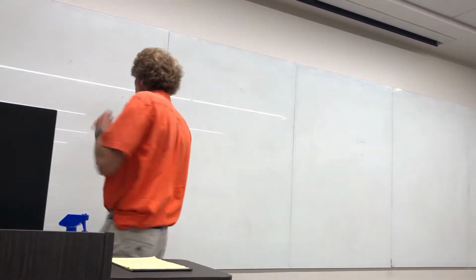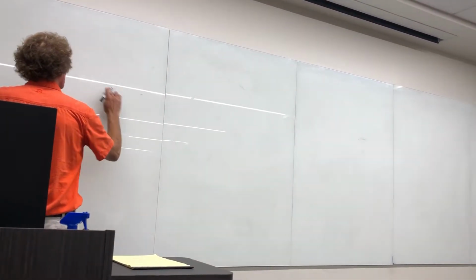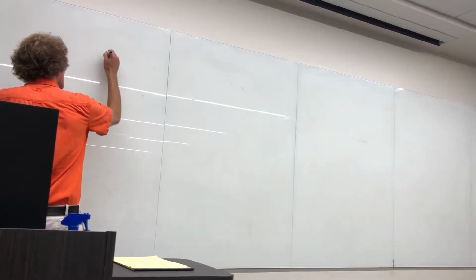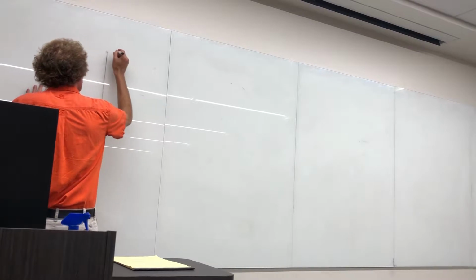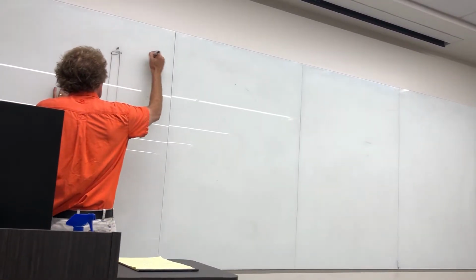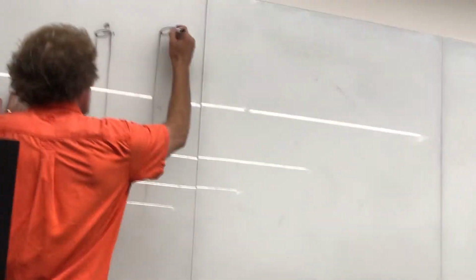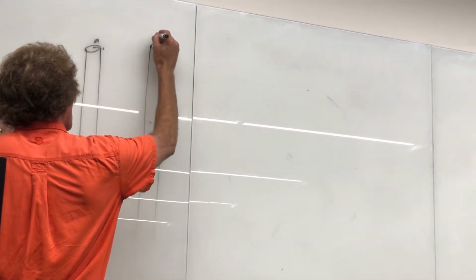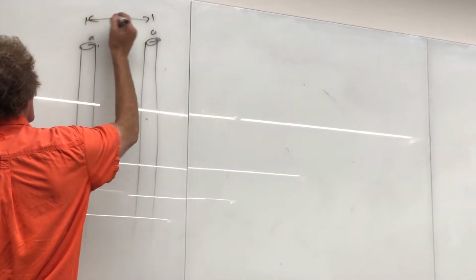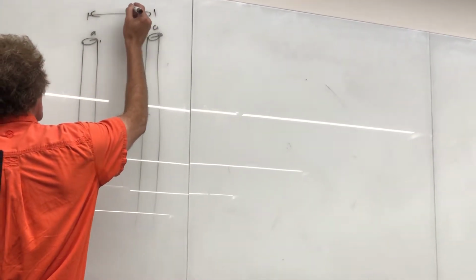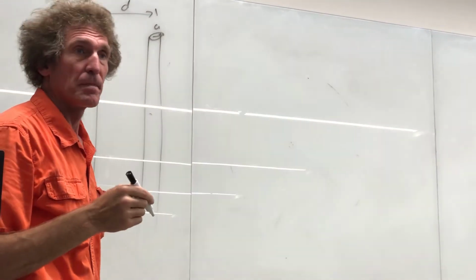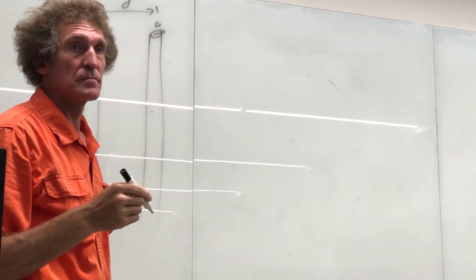It says, consider a long pair of straight parallel wires, each of radius A, with their centers separated by a distance D. I think we did this one. It's just one of the answers that he got, I just didn't know how he got it. And this is B? Yeah, the centers' distance D. Assuming D is greater than A, find the inductance per unit length for those wires.